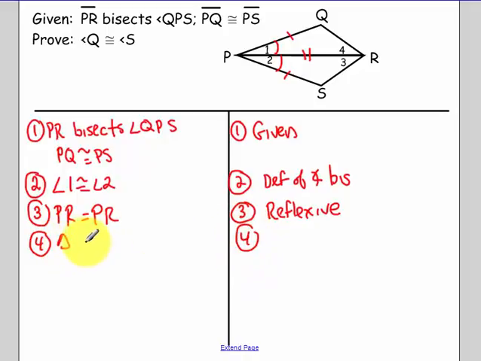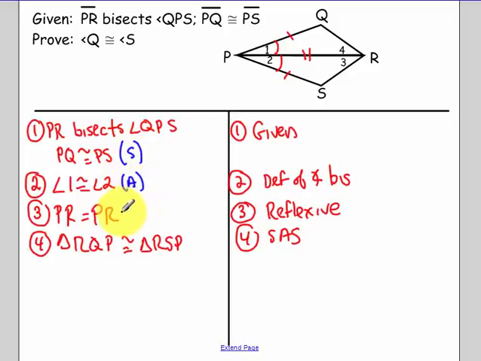So triangle RQP is congruent to triangle RSP by side angle side. And let me highlight those pieces of our proof. This was one of our sides, this was our angle, and this was the other side. So think about it like, again, a checklist. I have all those three things listed in my proof.